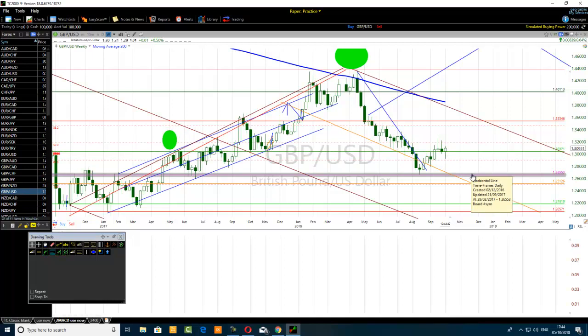If it comes near 126.55, you want to start selling it like a mad dog, so to speak, and look for opportunities to buy above 126.55 and to sell below 126.55.